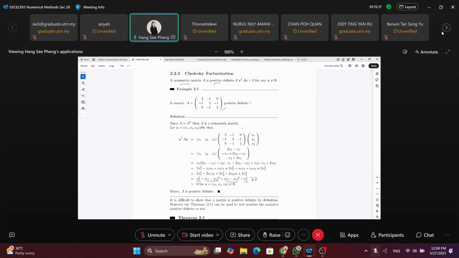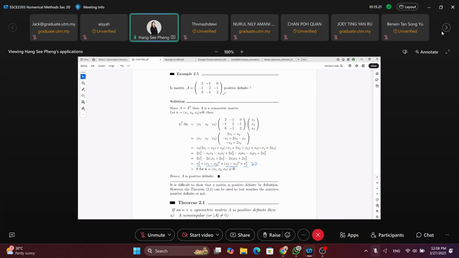This is by definition. Anyway, we know that proving something like this is quite difficult. Normally people will get stuck somewhere here, and how do we write it into this form? It is quite difficult.